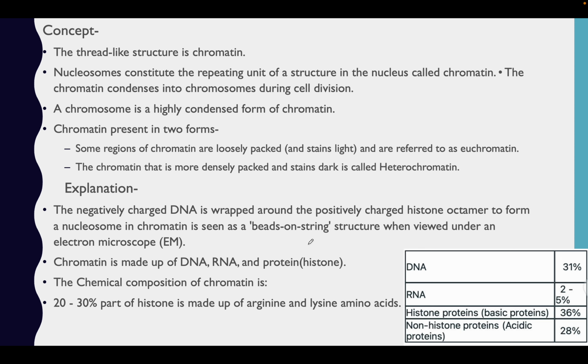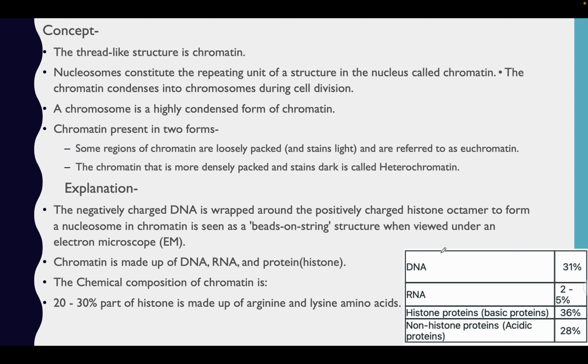Negatively charged DNA is wrapped around the positively charged histone octamer to form a nucleosome in chromatin, which is seen as beads on string structure when viewed under an electron microscope. So chromatin is made up of DNA, RNA and protein, which is histone.